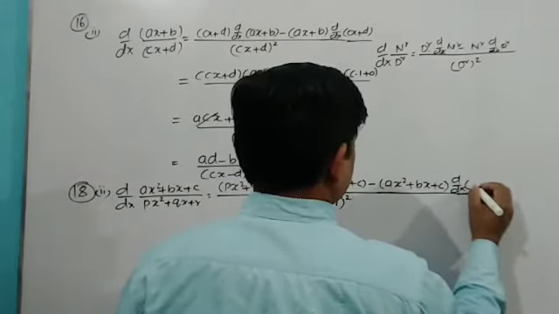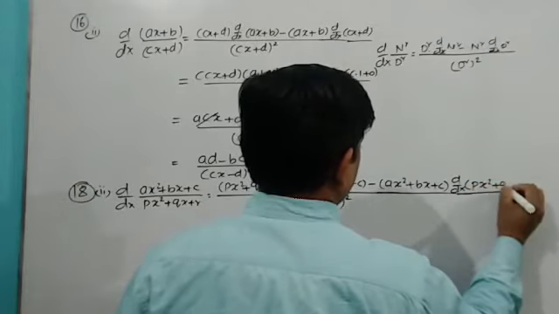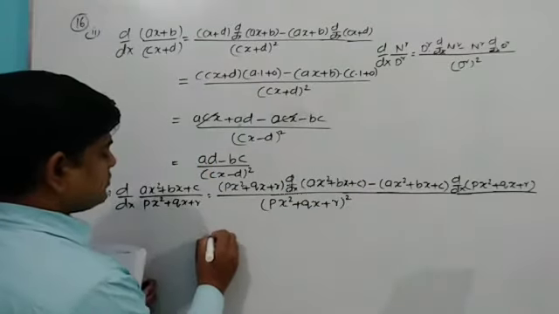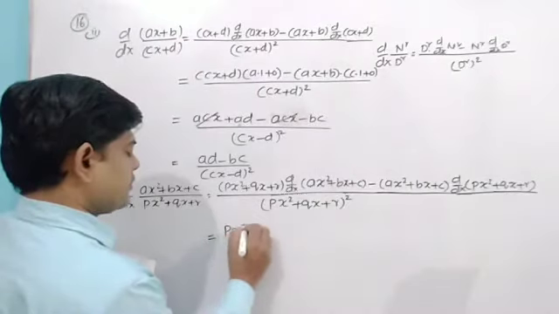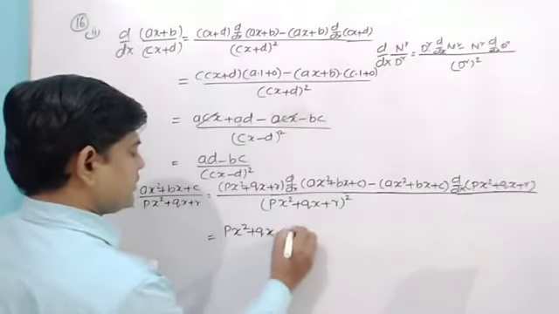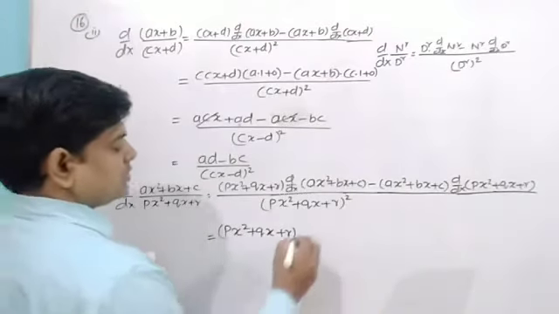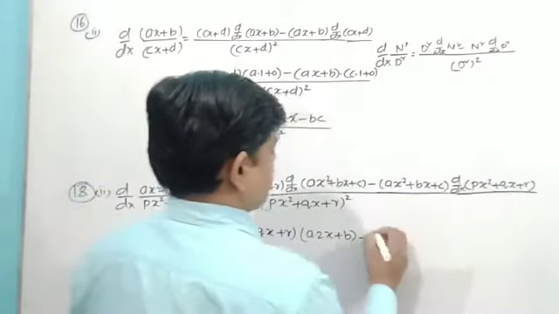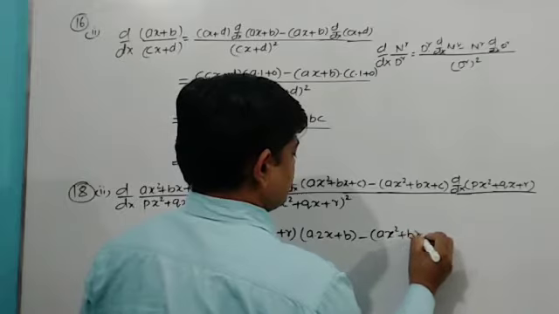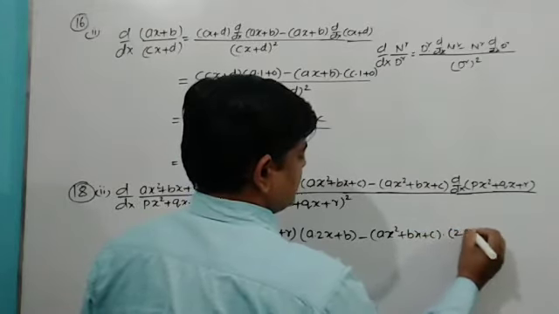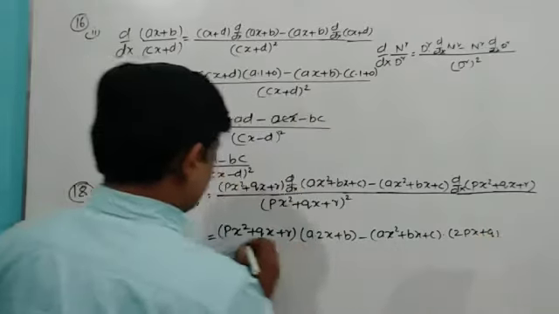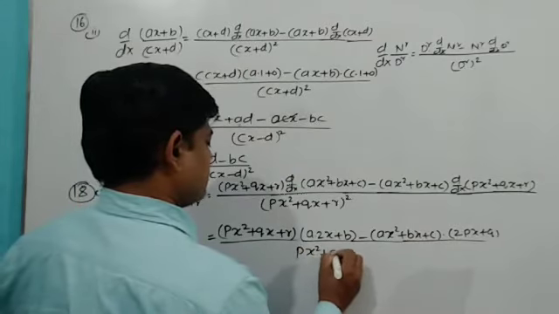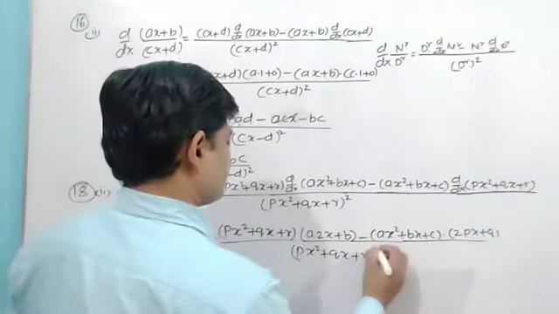In the numerator we write (px^2 + qx + r) into the derivative of the numerator, which is (2ax + b), minus the numerator (ax^2 + bx + c) into the derivative of the denominator, which is (2px + q), whole upon (px^2 + qx + r) the whole square.